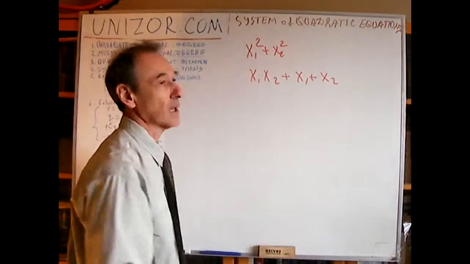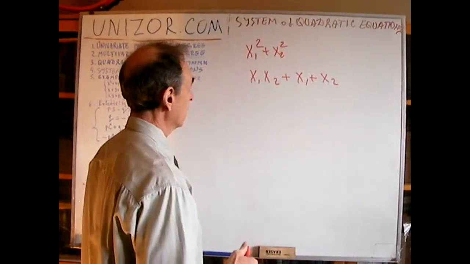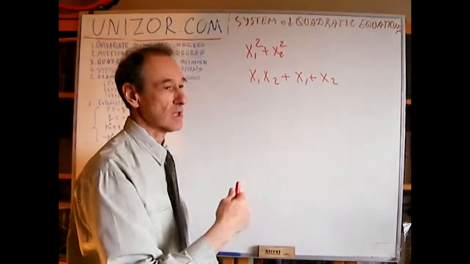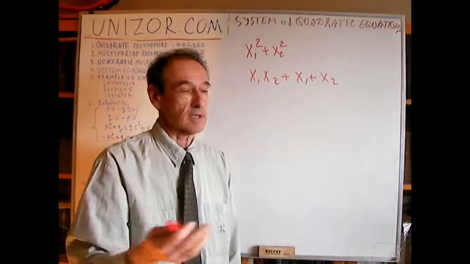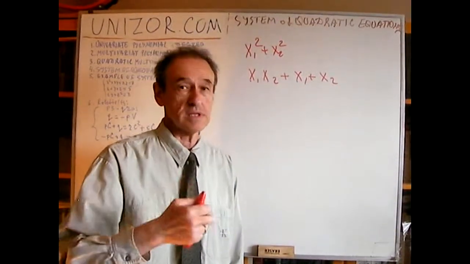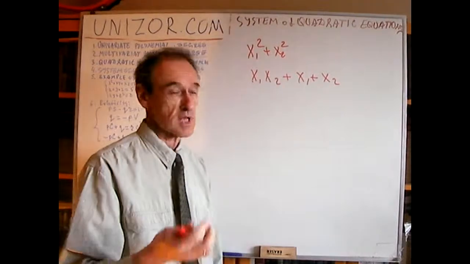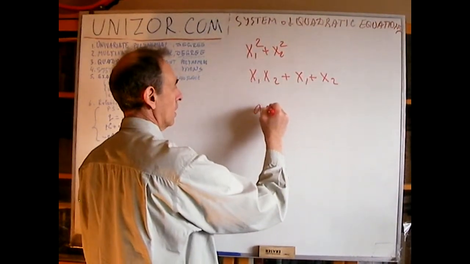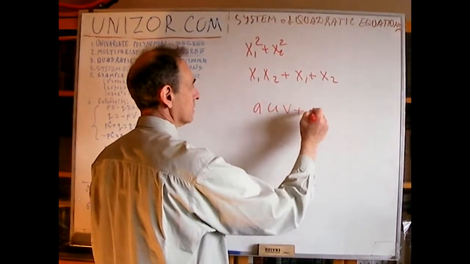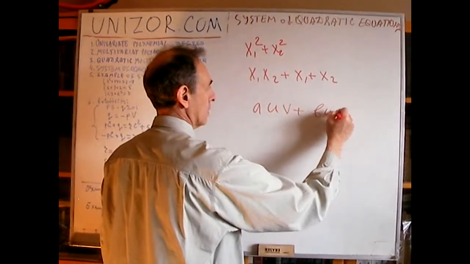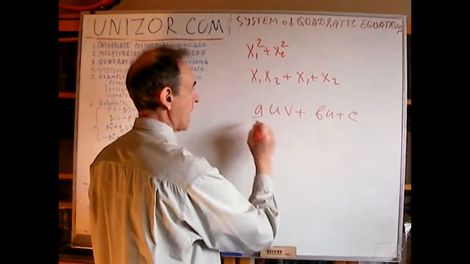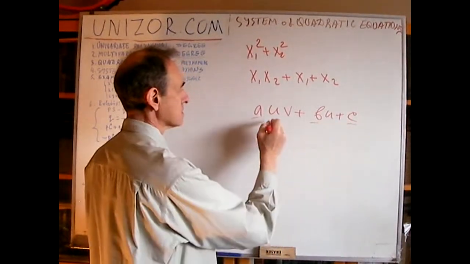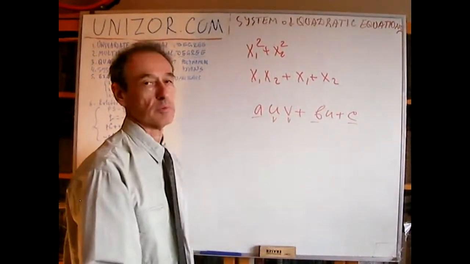And obviously there are many other examples which you understand. Now, in this particular case, I'm using x1 and x2 as variables. I can as well use x and y and z and u and v and whatever other letters, it doesn't really matter. So this is also a quadratic polynomial where a, b, and c are constants and u and v are variables.